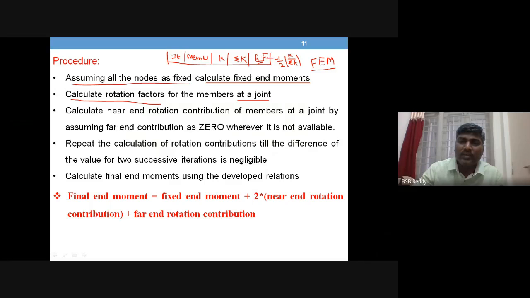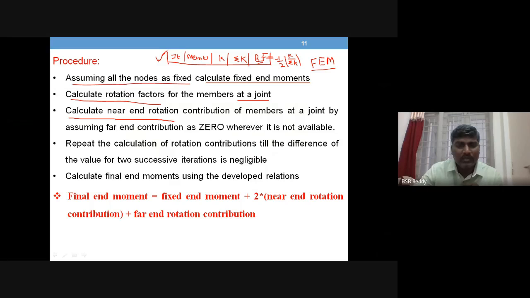As step three, in the moment distribution method, we used to go for the distribution process, taking a joint, calculating the total moment at the joint, and adding the opposite value according to the distribution factor to make it zero. Now here, calculate the near end rotation contribution of a particular member at a joint by assuming far end contribution as zero wherever it is not available.